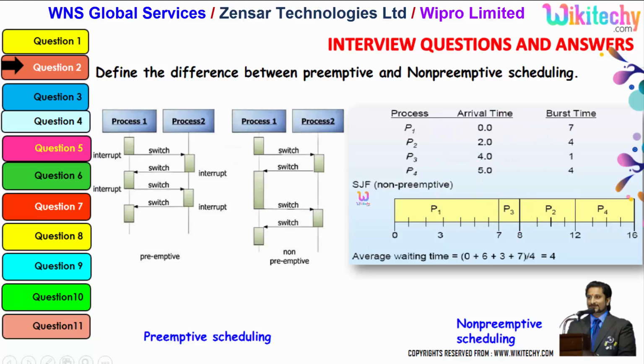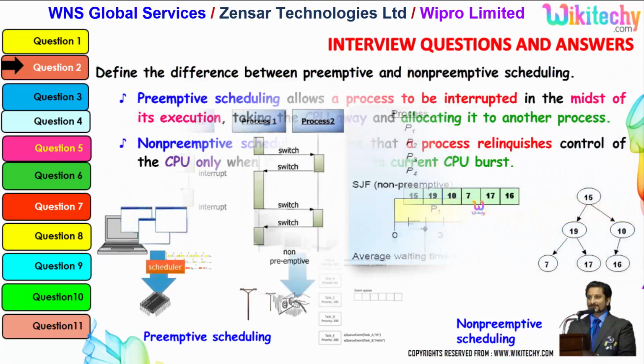Since it's shortest job first, P2, P3 and P4 are there. Which one is the shortest job? The one which came before and is waiting. So P3 will be executed, and afterwards P1 and P2 are both the same, but this one came first. So P2 is executed and then P4 is executed. This is how non-preemptive scheduling works.